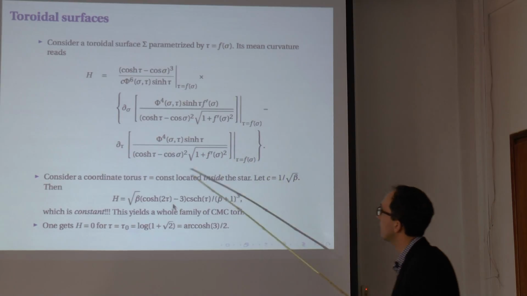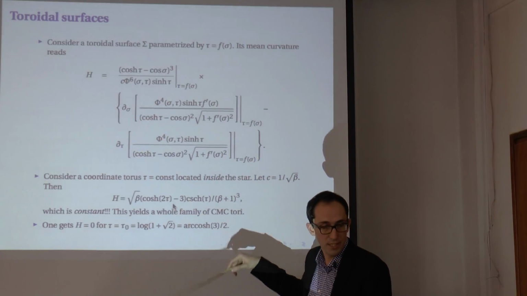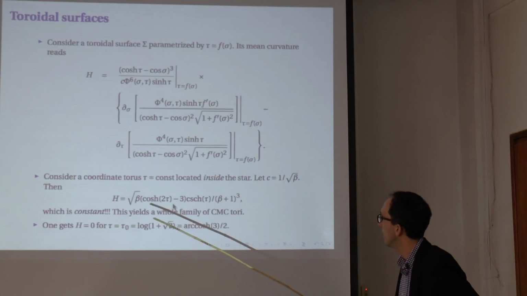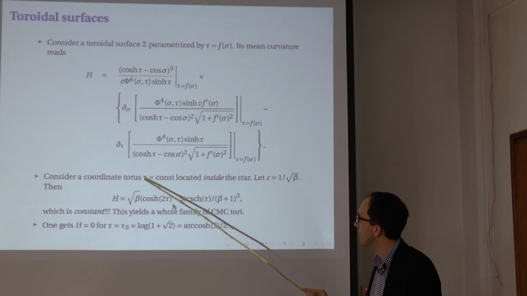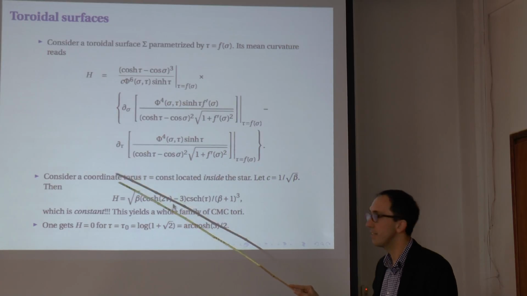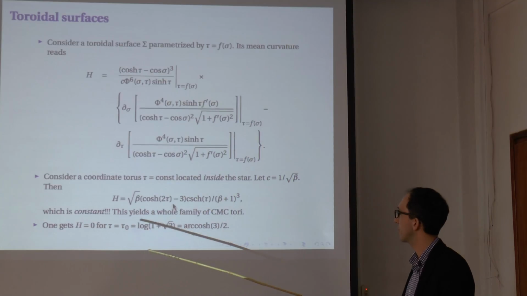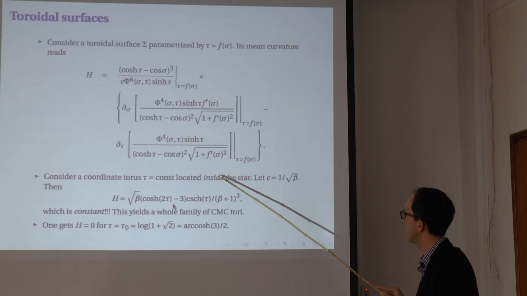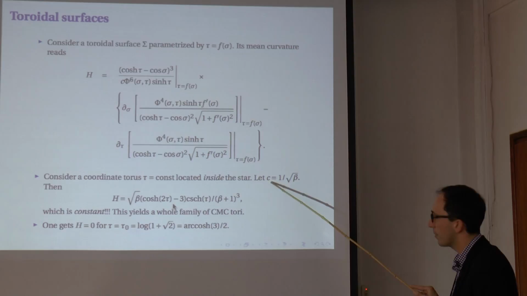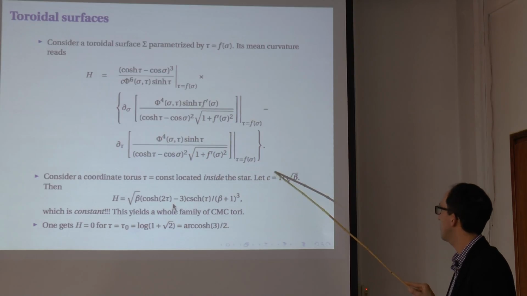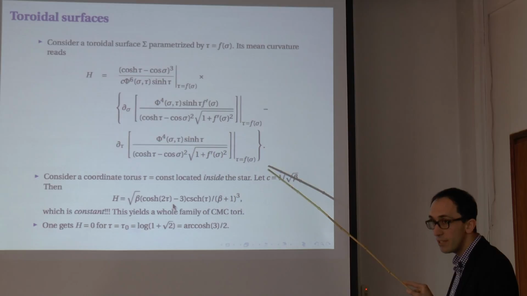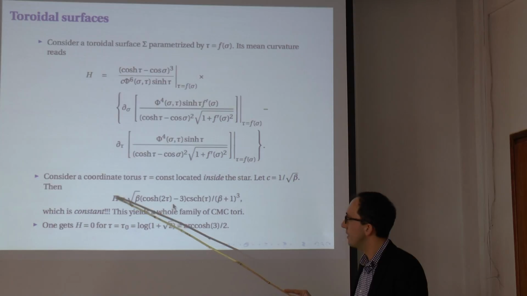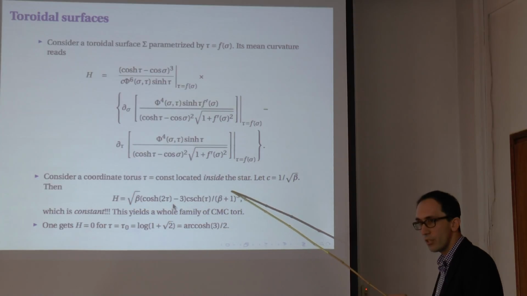Actually, we were interested in vanishing h, and it turns out that you can have special cases, because quite miraculously, if you just consider a coordinate torus, so you say that t is simply constant, and if you restrict yourself to the inside of the star, and if you choose appropriately this coordinate, this radius c, that only defines the coordinate system here, then it turns out that h is given by that expression, which is a constant.